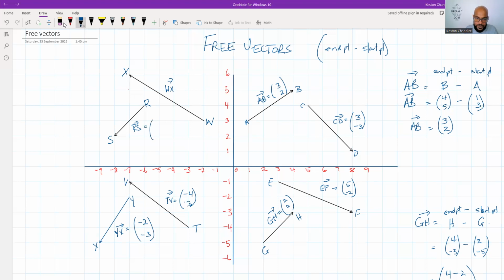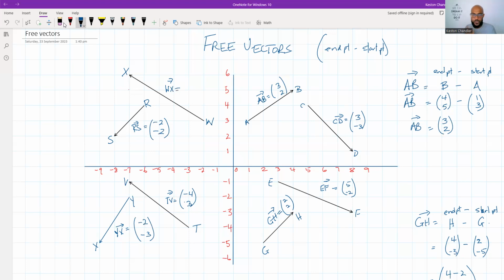Right? Endpoint S here is going to be -8 and 2. So -8 minus -6 is going to give us -2. And this is in line with 2. 2 minus 4 is -2 as well.